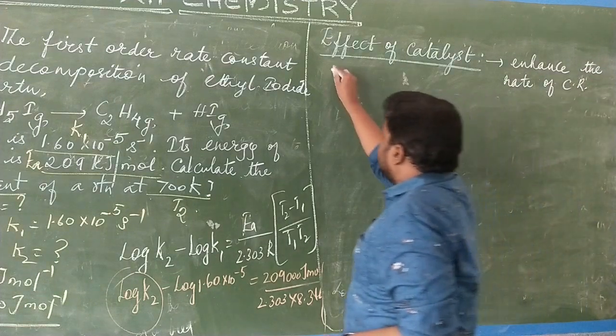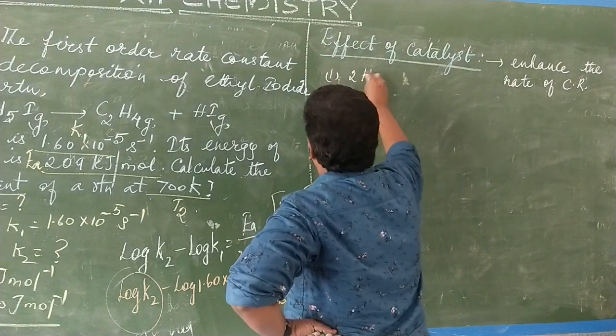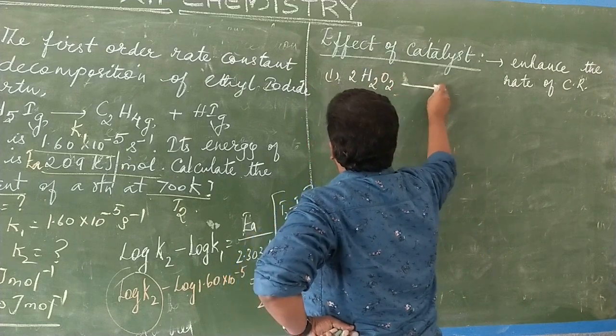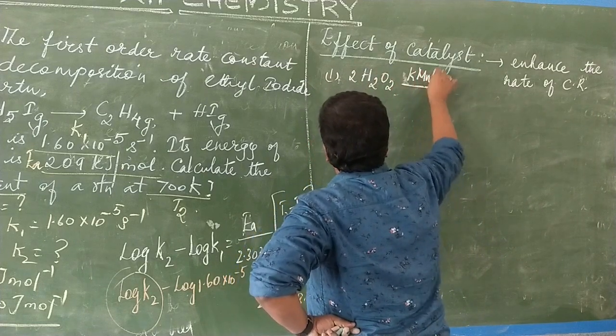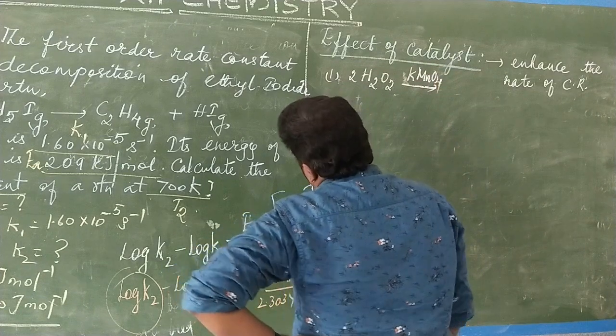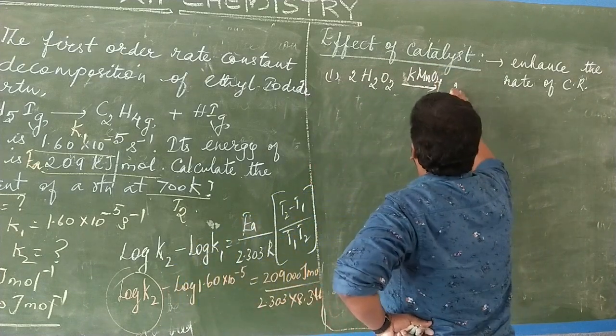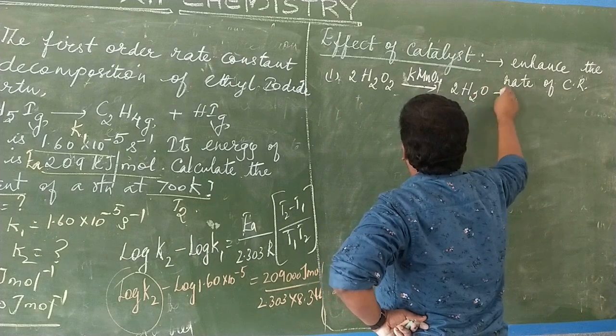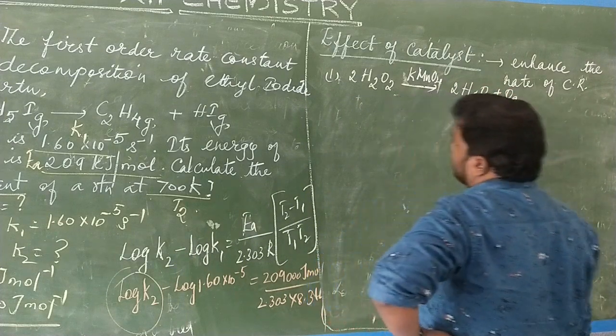Say for example, first example, you take 2 molecules of hydrogen peroxide in the presence of KMnO4, potassium permanganate, as a catalyst. On decomposition, it forms 2 molecules of water and then oxygen.